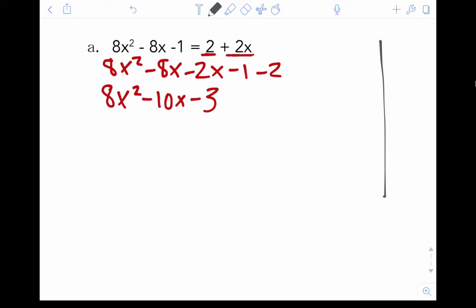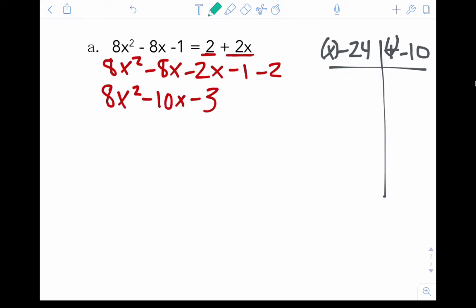I'm going to make my t-table over to the side. I need two numbers that multiply to negative 24 and add to negative 10. Well, negative 24, that's going to be a positive and a negative.